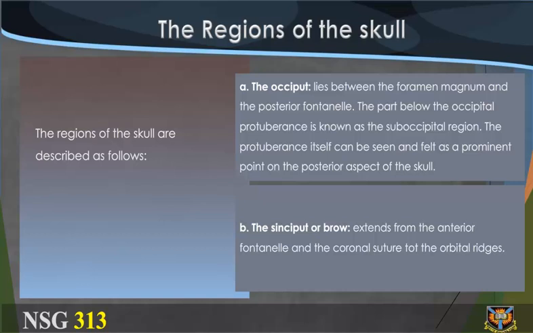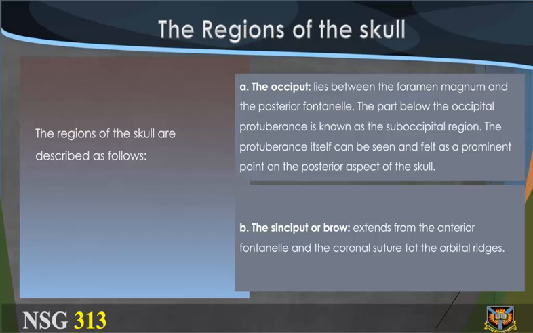The regions of the skull. The regions of the skull are described as follows. A. The occiput lies between the foramen magnum and the posterior fontanelle. The part below the occipital protuberance is known as the suboccipital region.